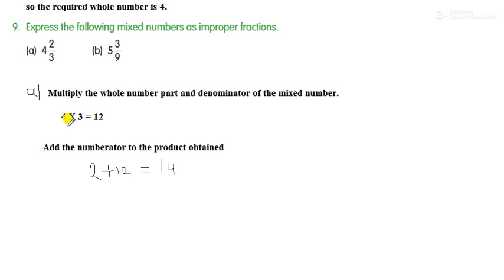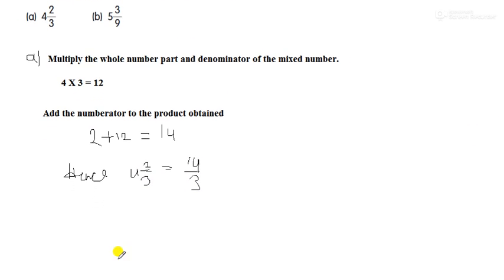So hence 4 and 2 by 3 equals 14 by 3. So the denominator is 3. So write the denominator as it is. Now here the B bit is 5 and 3 by 9.